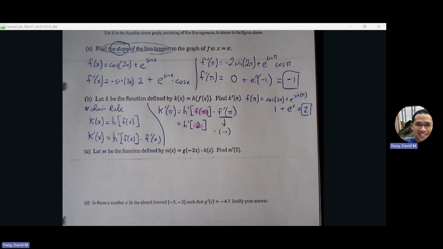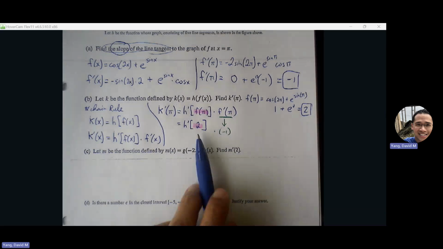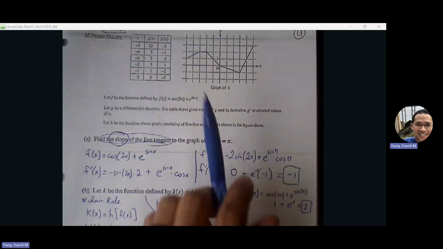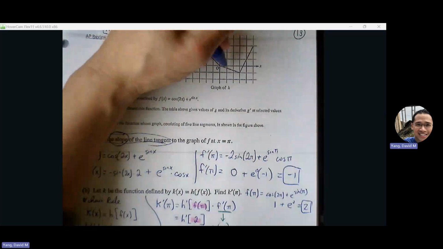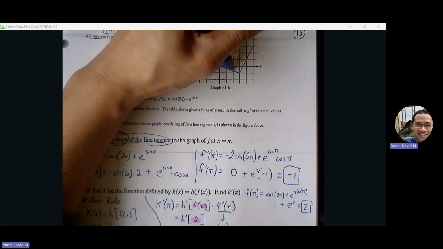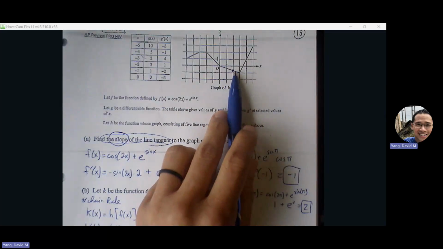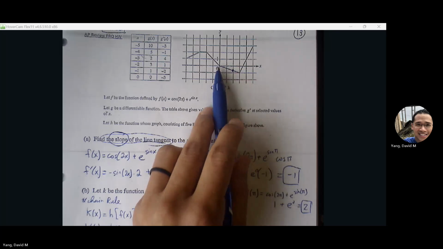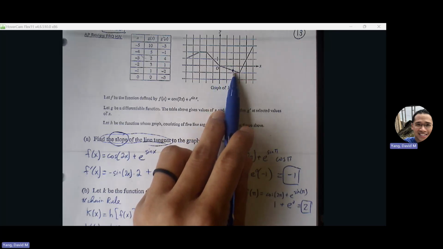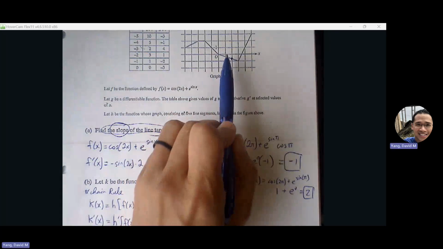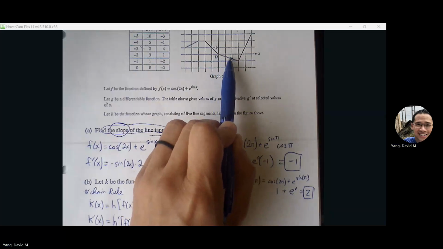And now what's the last thing that we need to find? H prime of 2. H of x is here. H prime of 2. We know 2 is here. But it's not asking for the point, right? It's asking for what? The slope, right? And what's the slope of this line segment? Good.